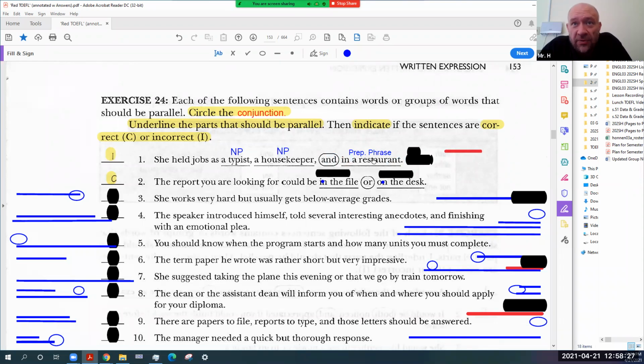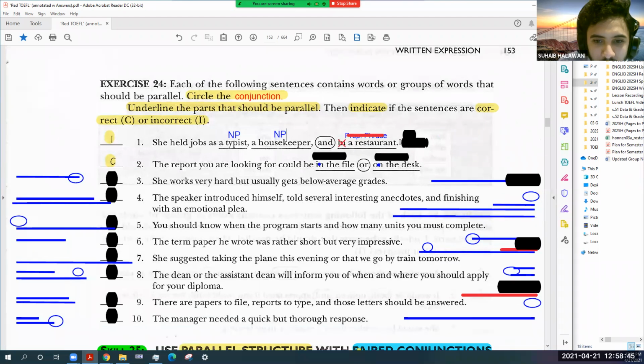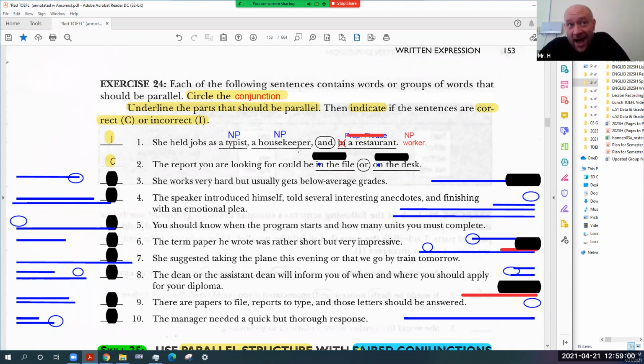Is that parallel? Do we have to change the ending? Waitress? Worker? Let's keep the word restaurant and just somebody that works there. A restaurant worker. Now it's parallel. Now it's balanced.